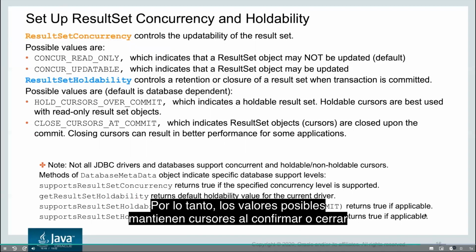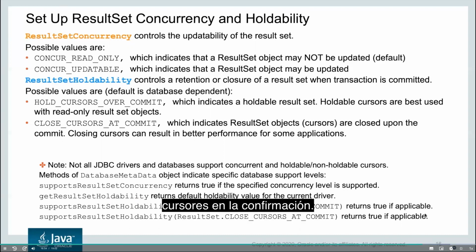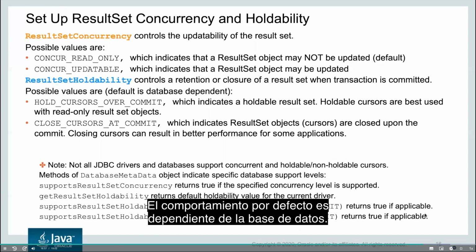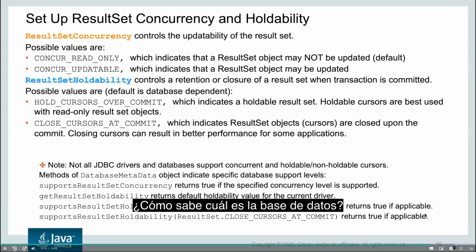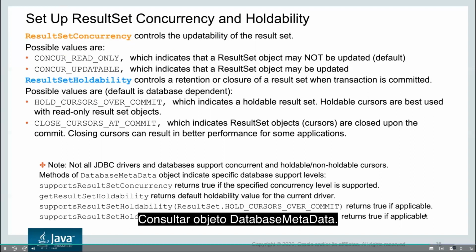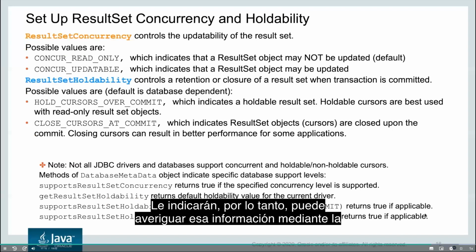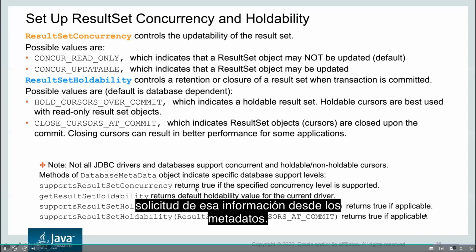So possible values are hold cursors over commit or close cursors at commit. The default behavior is database dependent. Some databases may by default hold cursors over commit. Some databases may close cursors by default upon commit. How do you know what your database is doing? Ask the database metadata object, it will tell you. So you could find that out by requesting that information from the metadata, and it will tell you what the database will support.